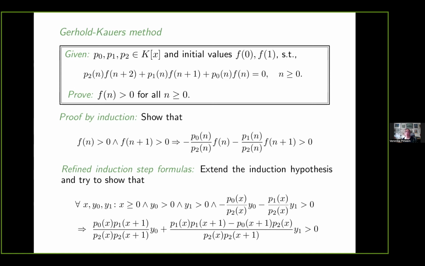And we look into balanced recurrences, which means that the trailing and the leading coefficient have the same degree and all other coefficients have lower degree, or at most this degree. And last but not least, that we have generic initial values, so that the initial values lead to a behavior that is related somehow to the eigenvalues of the recurrence. So this is the rough idea of our restrictions.